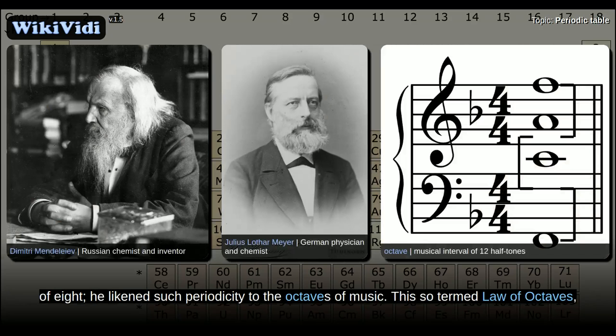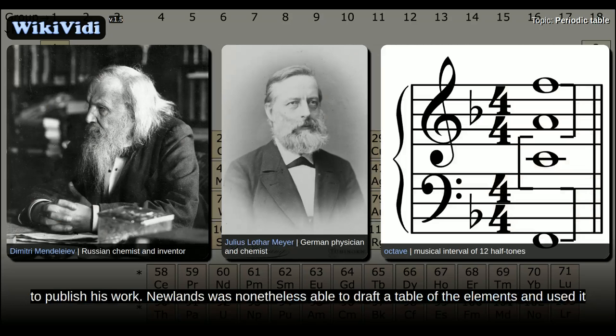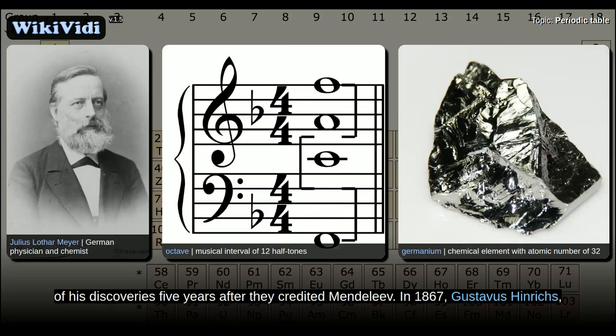This so-termed law of octaves, however, was ridiculed by Newlands' contemporaries, and the Chemical Society refused to publish his work. Newlands was nonetheless able to draft a table of the elements and use it to predict the existence of missing elements, such as germanium. The Chemical Society only acknowledged the significance of his discoveries 5 years after they credited Mendeleev.